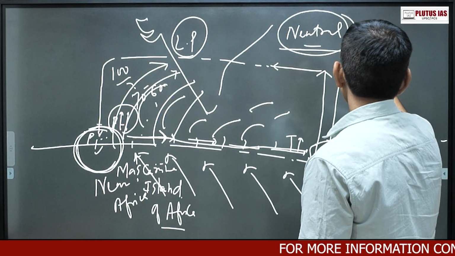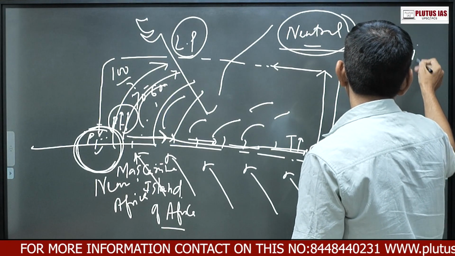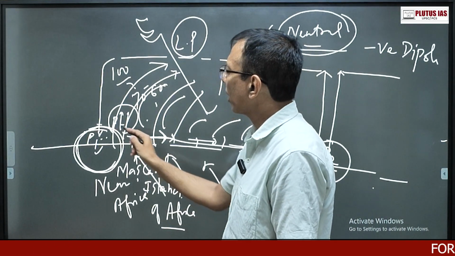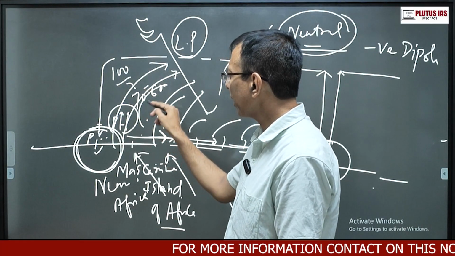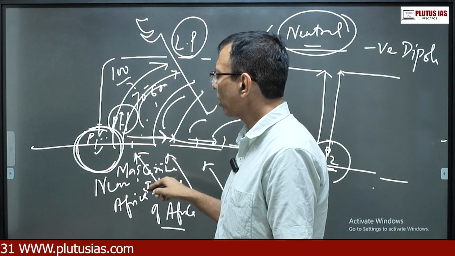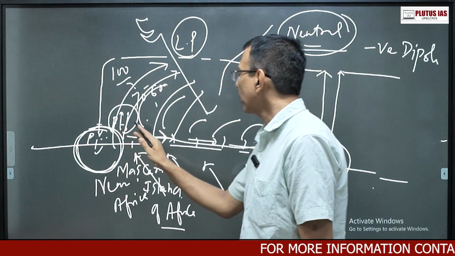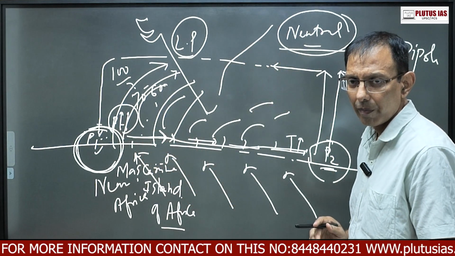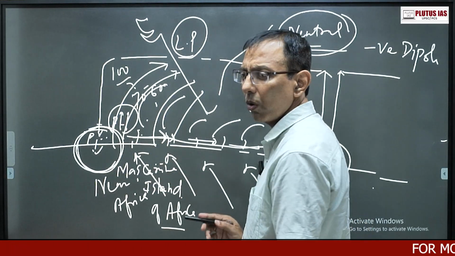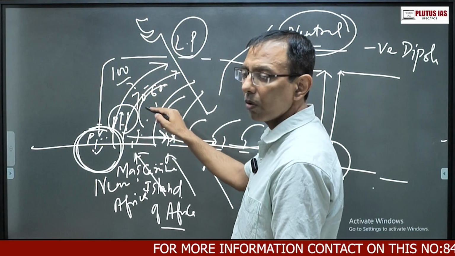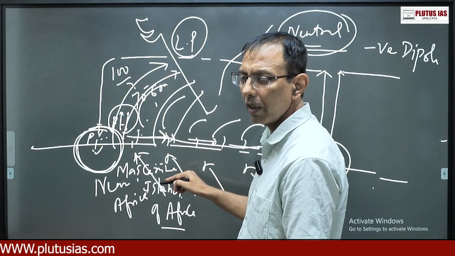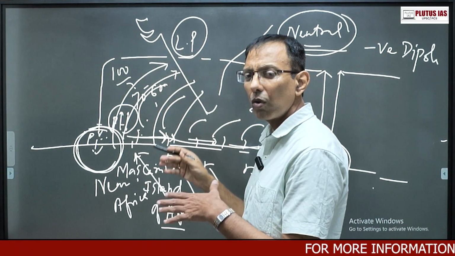But in case of a negative dipole, if the condition is there where a significant amount of southern hemispheric trade wind will be dragged towards the P2 because of the strong gradient found between P1 and P2, the monsoon would get reduced, or the humidity of the southern hemispheric trade wind which was supposed to be coming to India would be reduced.